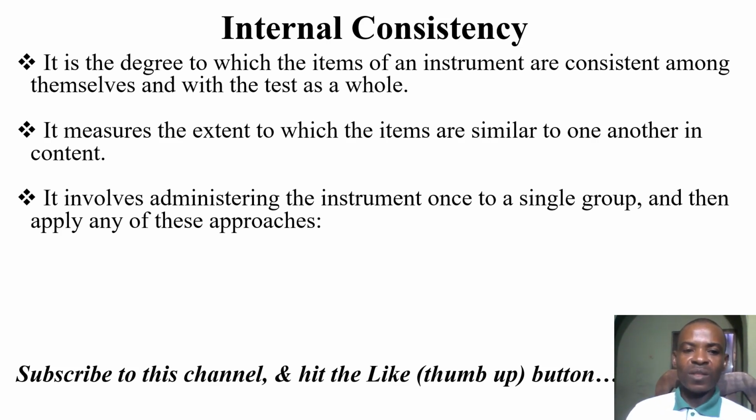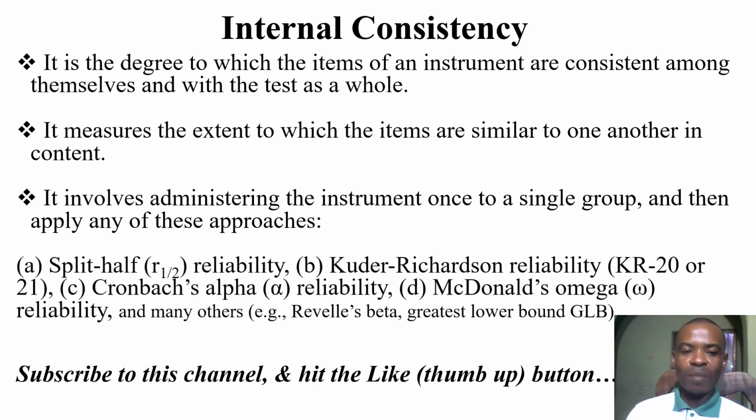In doing this, it involves administering the instrument once to a single group of persons and then applying any of the following methods. This type of reliability does not have one specific method, so there are different methods you may apply. One of them is the split half reliability.